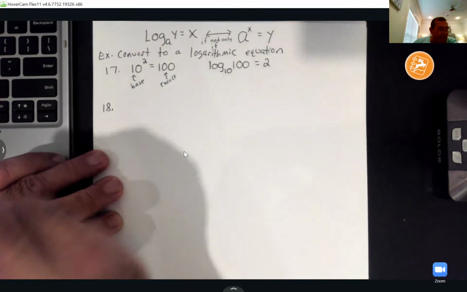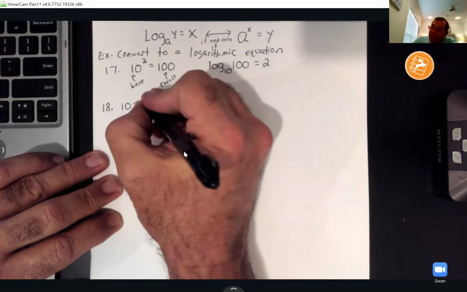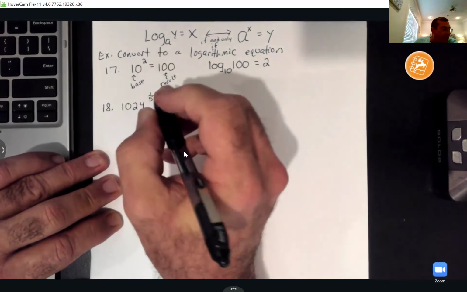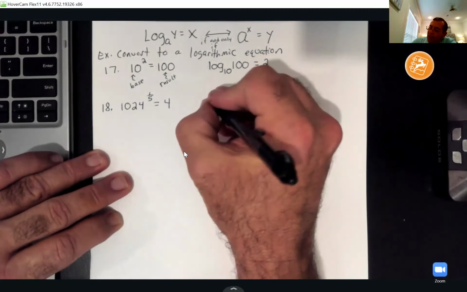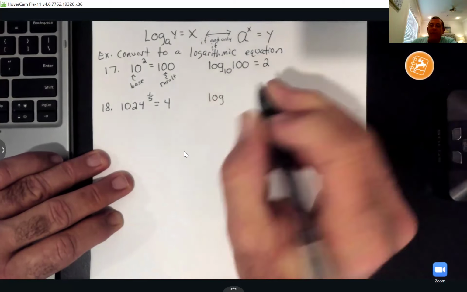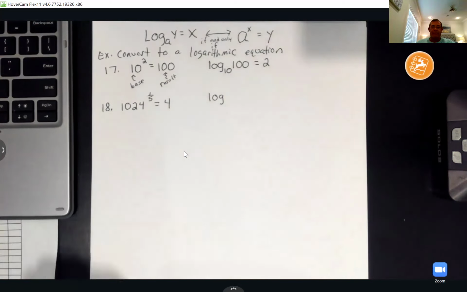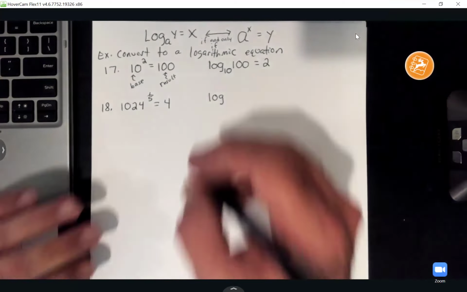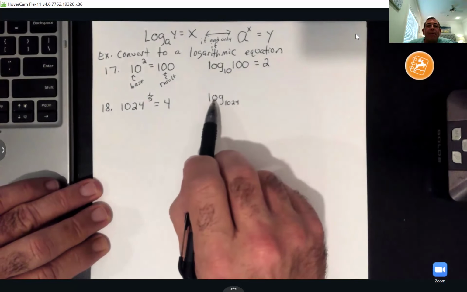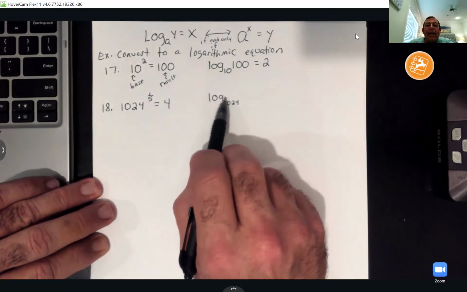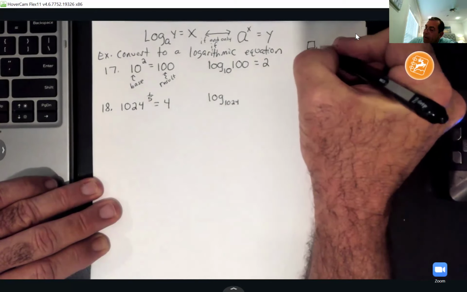So knowing that, try this one: 1024 to the 1/5 equals 4. So I'm coming over with my log. First thing I need to know is what is the base of my logarithm? 1024. Now, y'all, when you write these in MathLab, when you write log, it'll highlight it. MathLab will have a little blue box like that.